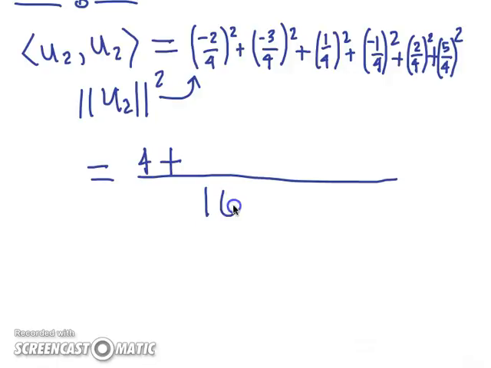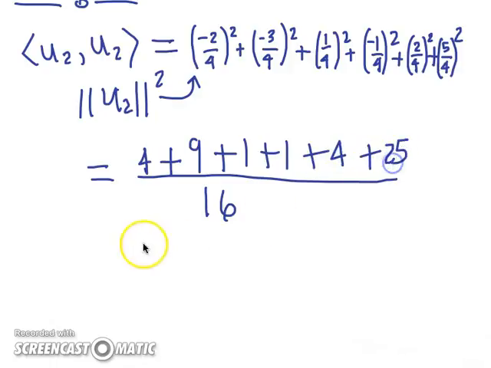The denominators are 16 for all of them. So 4 plus 9 plus 1 plus 1 plus 4 plus 25. This number is going to end up being equal to 44 over 16. So the square of the norm of U2, or the inner product of U2 and U2, equals 44 over 16.